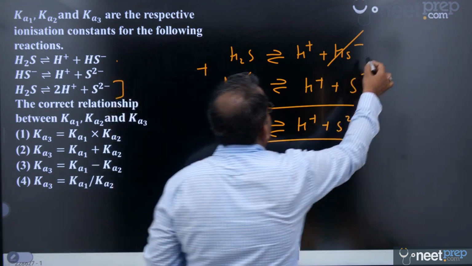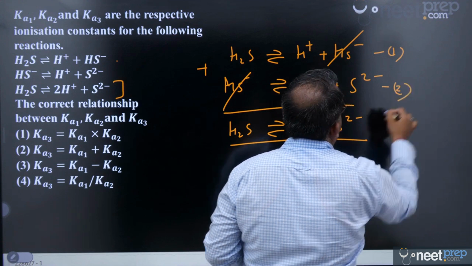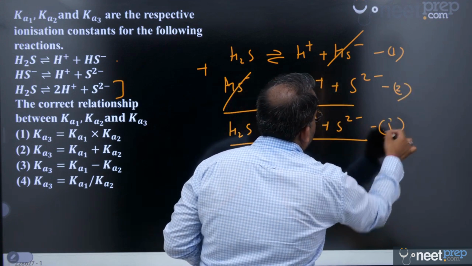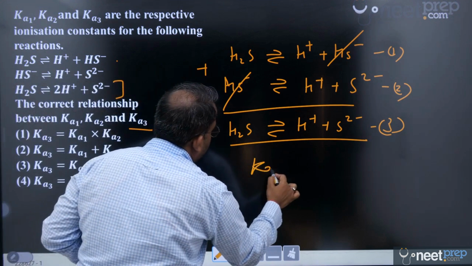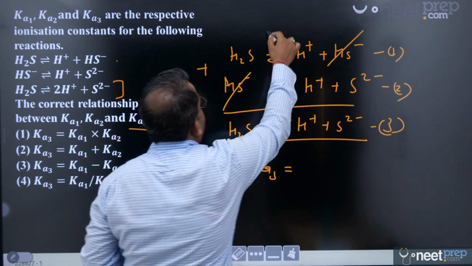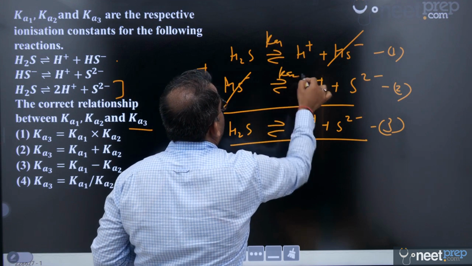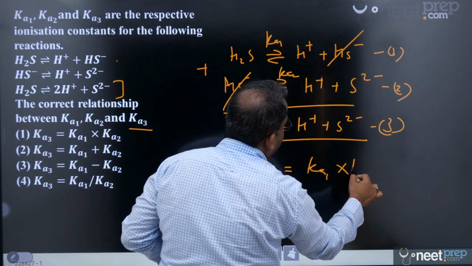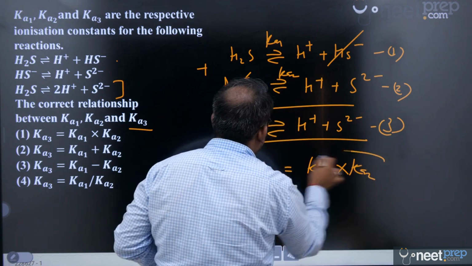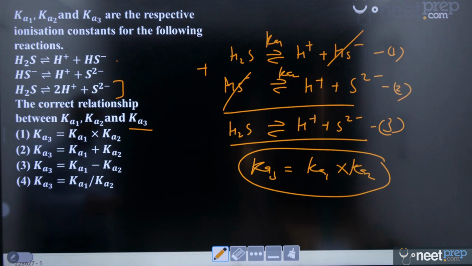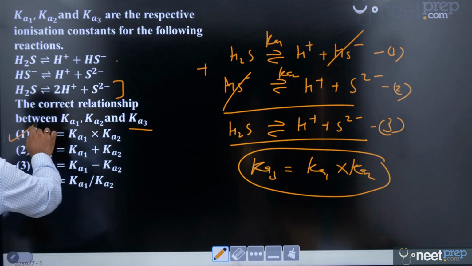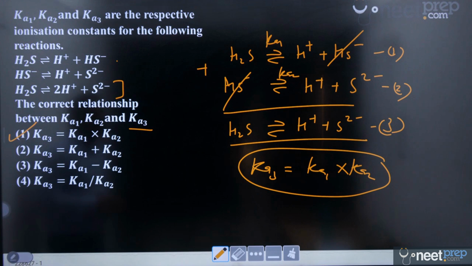So we have added 1 and 2 to get 3. The equilibrium constant of this reaction, which in this case is Ka3, will be simply the product of the equilibrium constants of the reactions we have added to get the desired reaction 3. So I believe that the first option is the correct option as far as this problem is concerned.